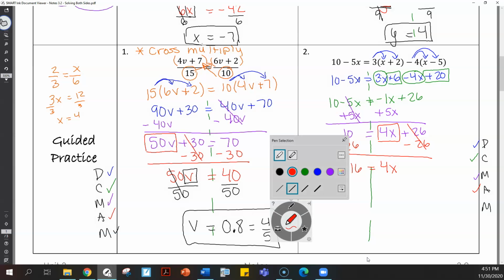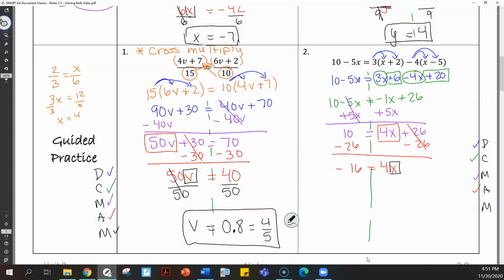Last and final step is to get my variable alone. My variable is x. So I'm going to get rid of 4 by dividing by 4 on both sides. Negative 16 divided by 4 is negative 4. My 4's are going to reduce to 1, and my x is left over.